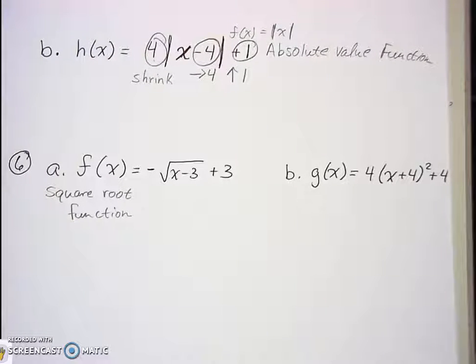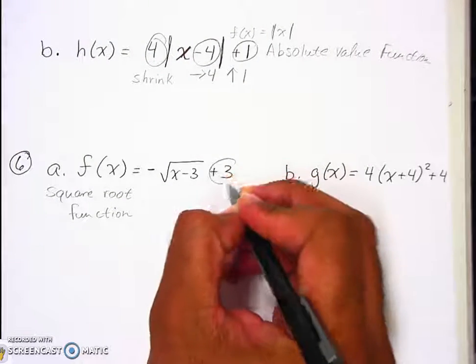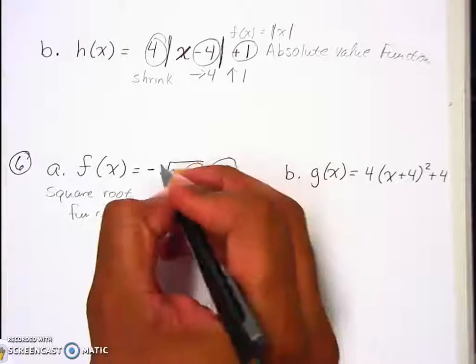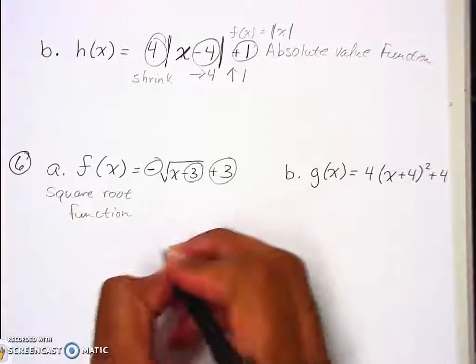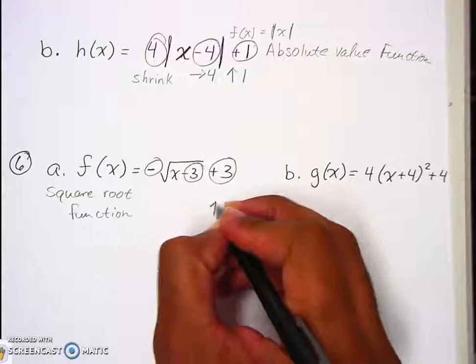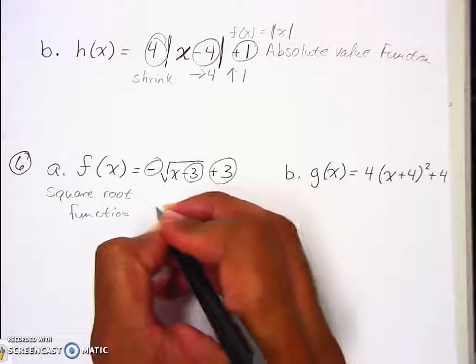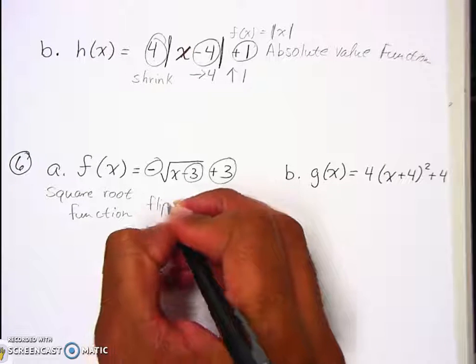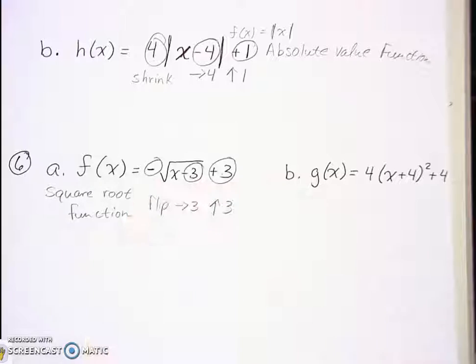So it's a square root function there. Then we take a look at all of our transformations. So here we know that it's going to go up 3. It's going to go to the right 3. And it's going to flip. So it goes up 3, goes to the right 3, and then it flips there.